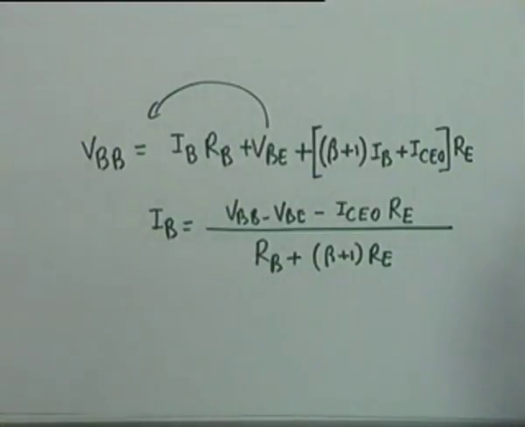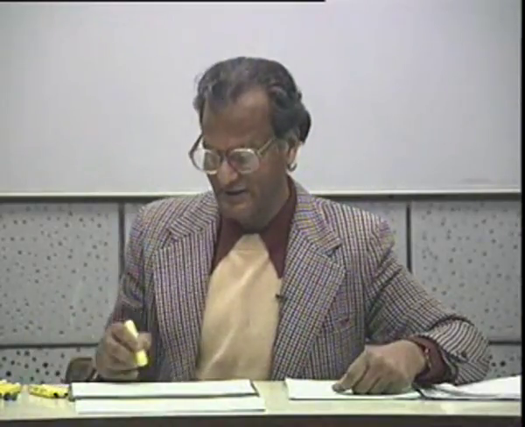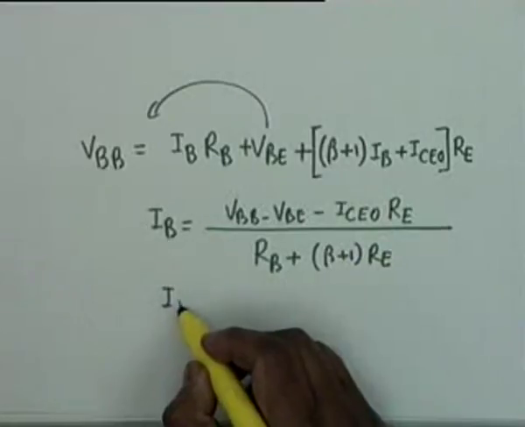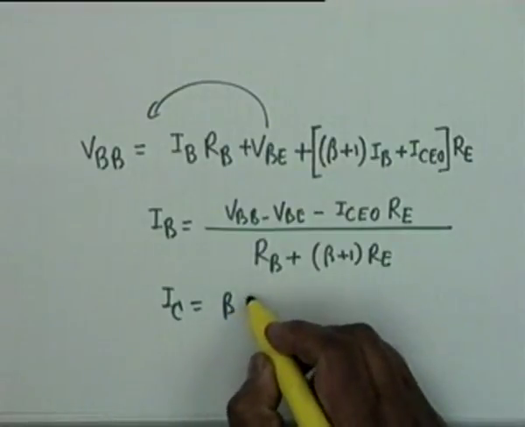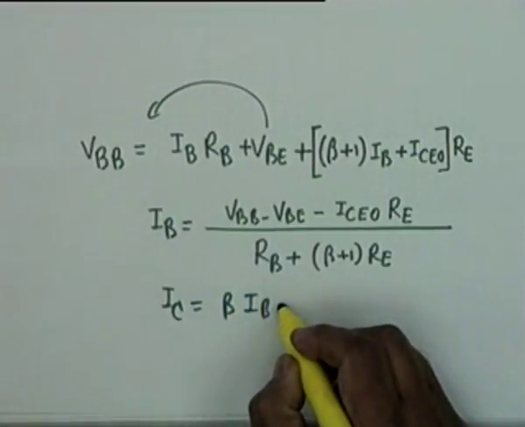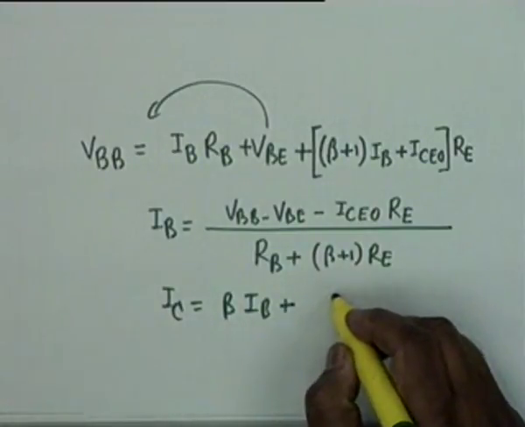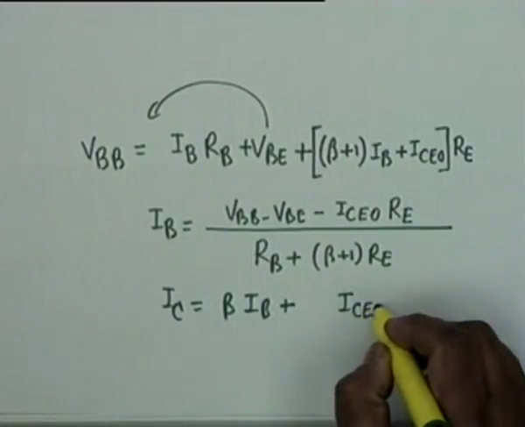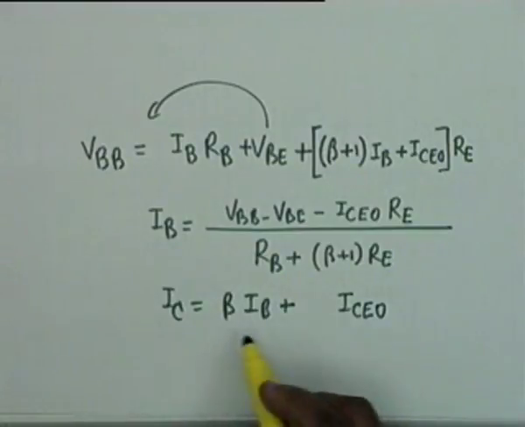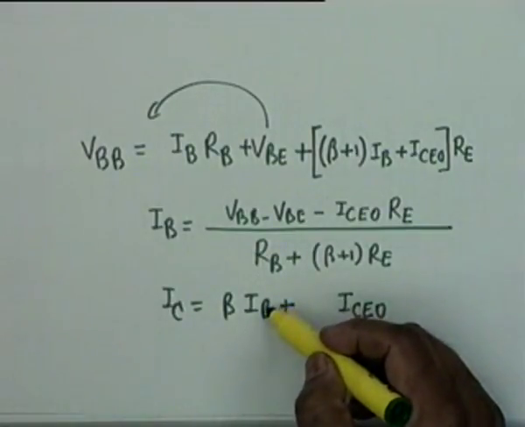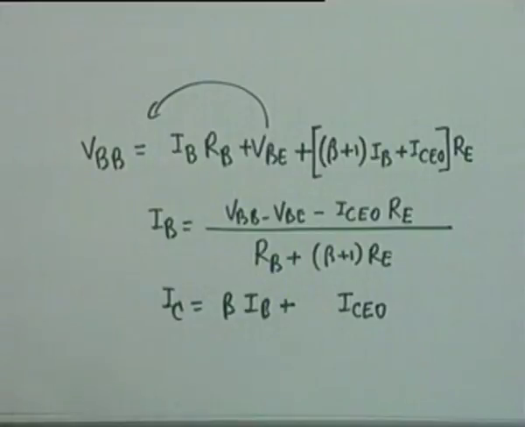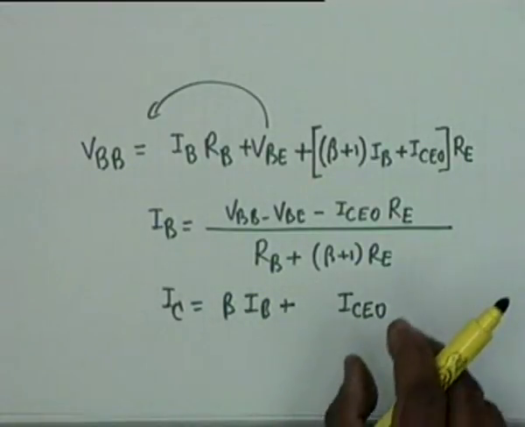later on, in order to find I sub C. Can we find I sub C from here? I sub C is beta IB plus ICEO. Okay, and therefore if I substitute beta IB from here, I can get an expression for I sub C. I will write this expression later because I shall need that.